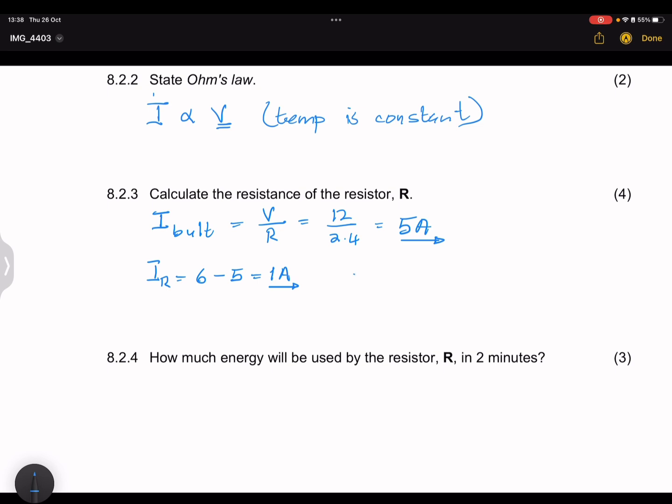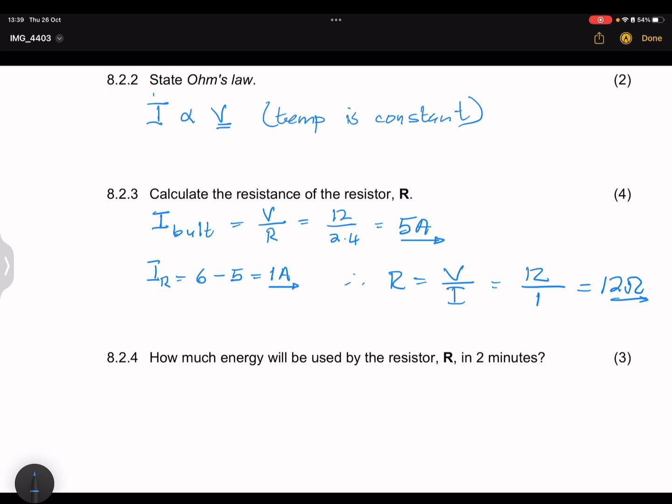So we know that therefore R is equal to V over I. It's 12 volts over that resistor, and the current is 1. So we get a resistance of 12 ohms, right? Okay, please keep that in mind.